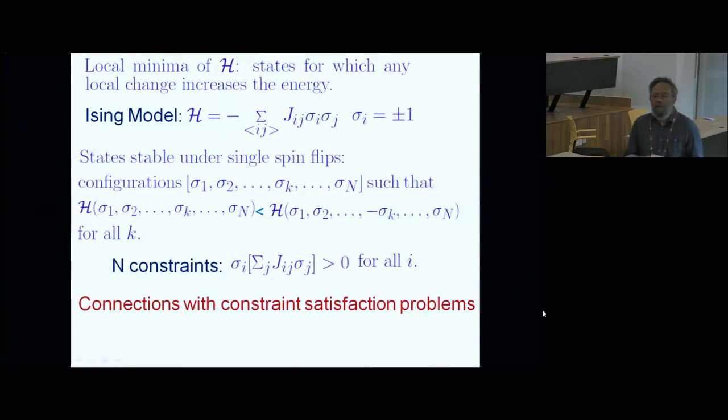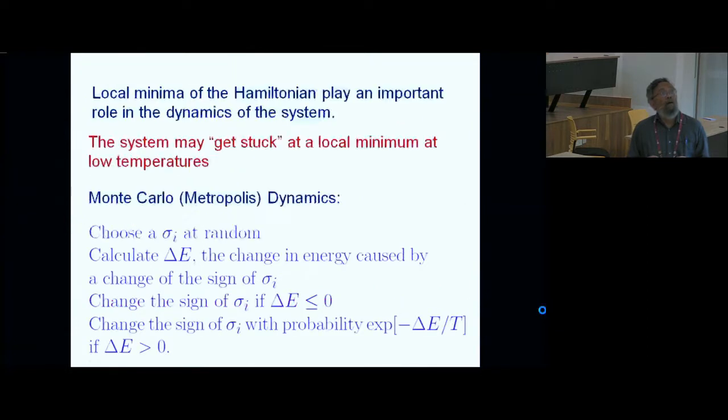That's not difficult to see. So these microscopic states, which are stable against single spin flips, basically means that every single spin flip will increase the energy of the system. That's how you define it. This is where the dynamics may get stuck.